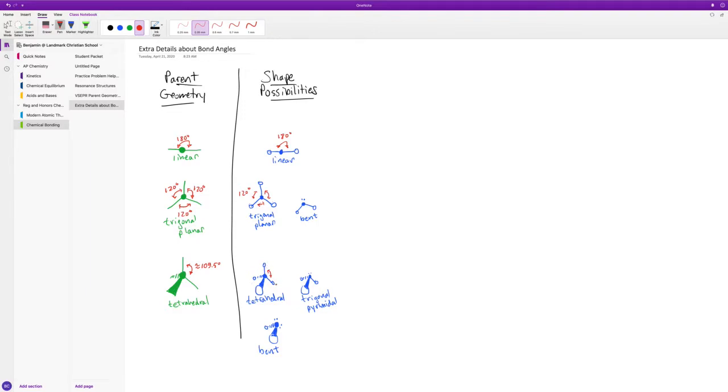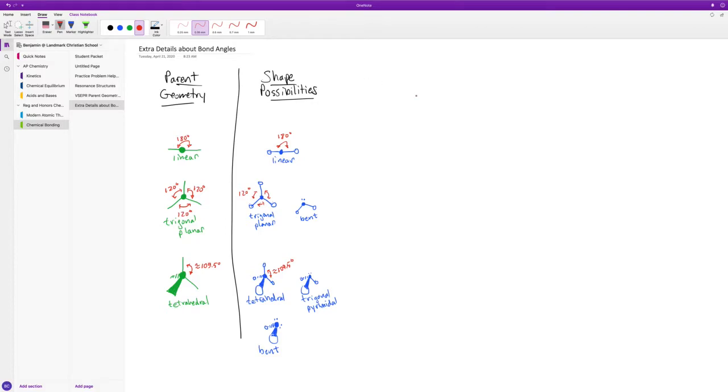I think six. They would all be that irrational number, which is really close to 109.5 degrees.